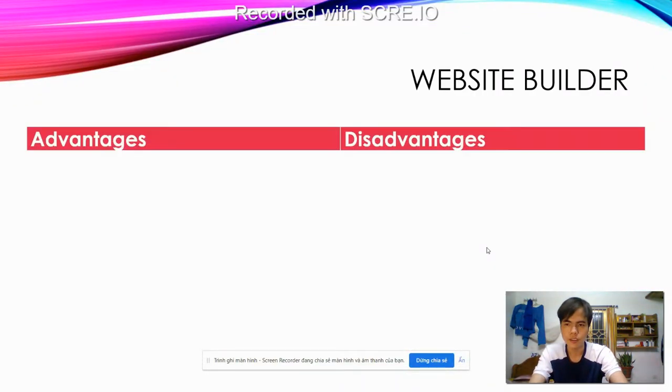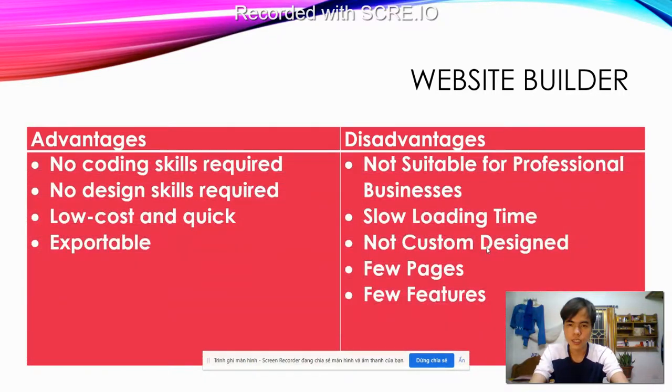Website builder advantages: no coding skill required, no design skill required, low cost and quick, exportable. Disadvantages: not suitable for professional business, slow loading time, not custom design, few pages, few features.